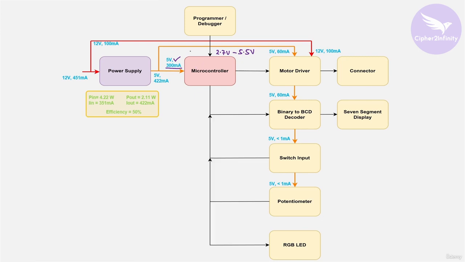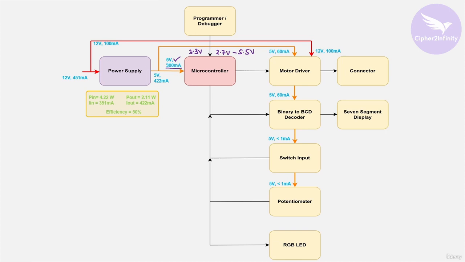You can also use 3.3 volt. Again, 3.3 volt is also a standard voltage when it comes to power supply. But if we use 3.3 volt, then we will have to design two different power supplies. One power supply will produce 5 volt and another power supply will produce 3.3 volt. So unnecessarily, it's going to increase the size of the PCB, and along with that, it's going to increase the bill of material cost, or the price of the PCB, because the number of components will increase.